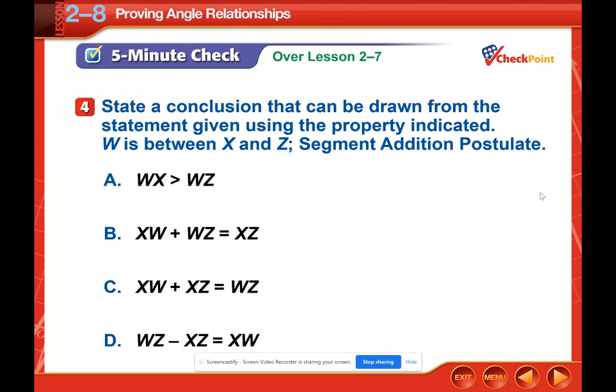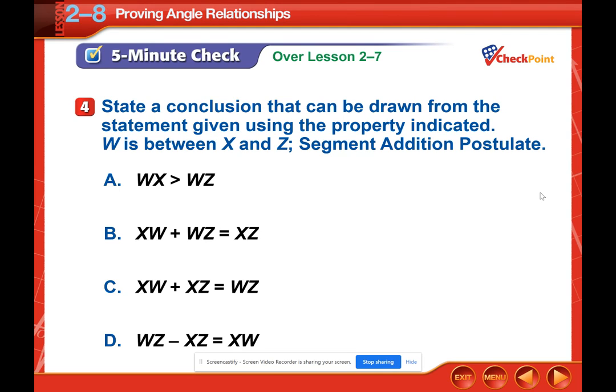State a conclusion that can be drawn from the statement given using the property indicated. The statement is W is between X and Z, and we need to use the segment addition postulate.